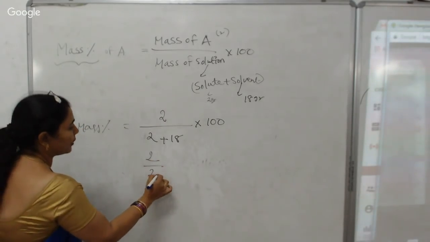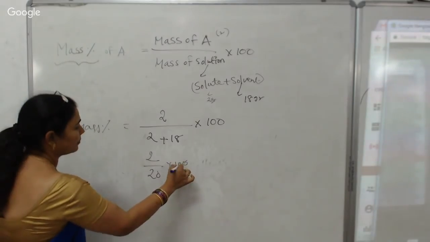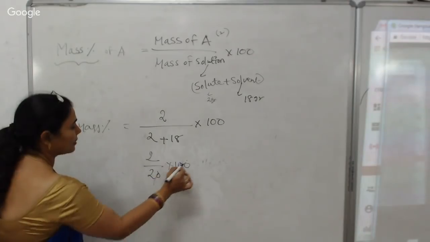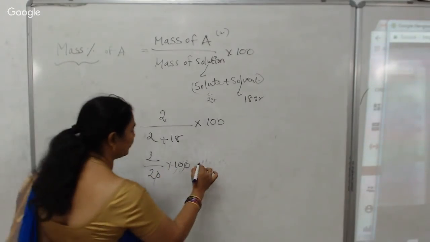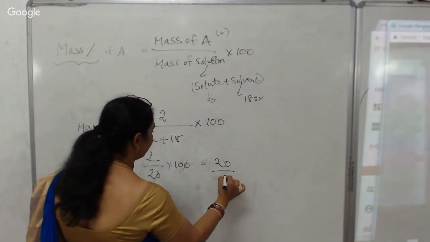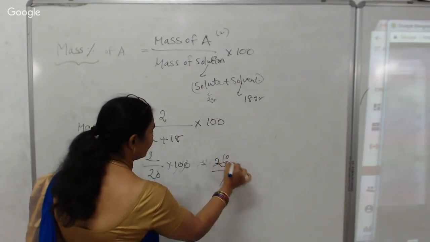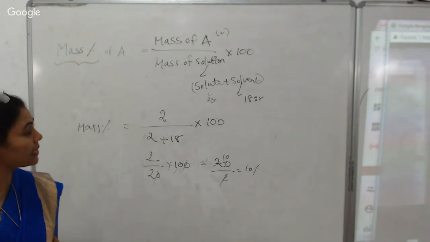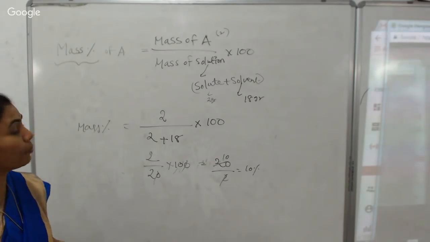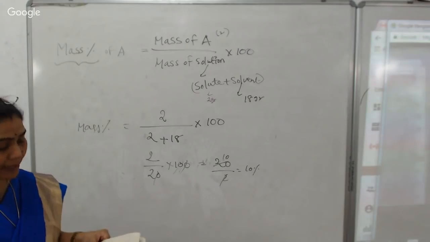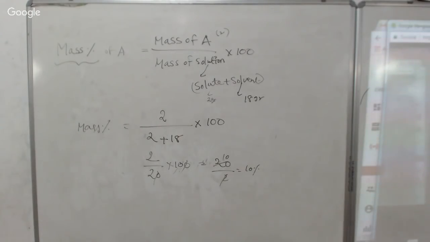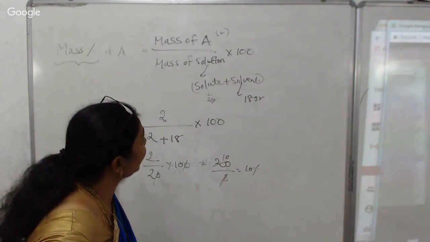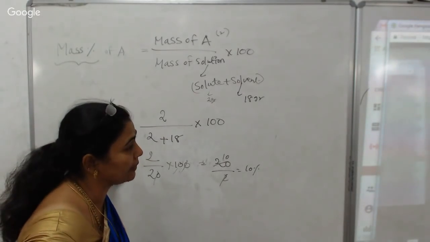So 2 divided by 20 into 100 is 10%. The mass percent of this compound is 10%. Write down 10%.